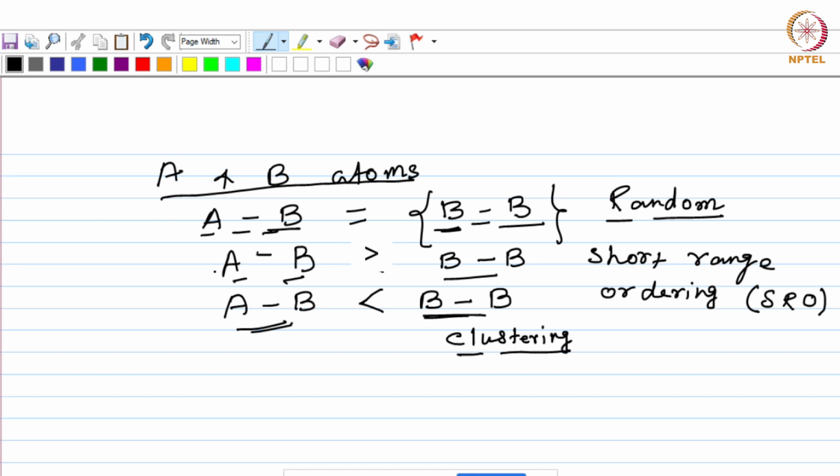So these two phenomena are opposite to each other, but either way, they will have a particular arrangement, either having a dissimilar atom or a similar atom. Okay, so when that happens, the motion of dislocations through a region of short range order or clustering will actually reduce the local order.